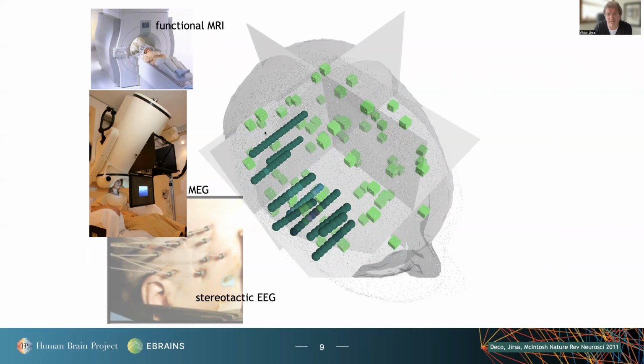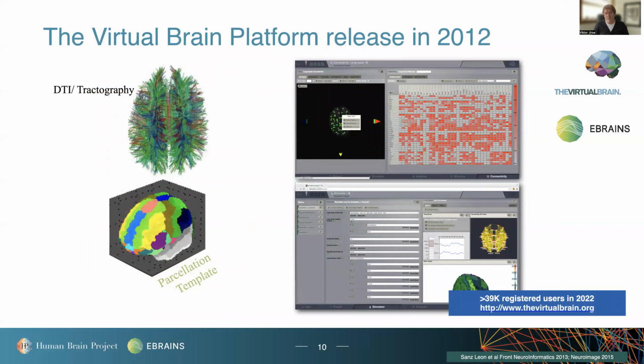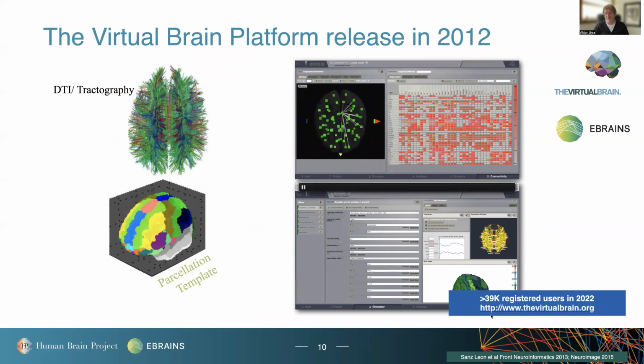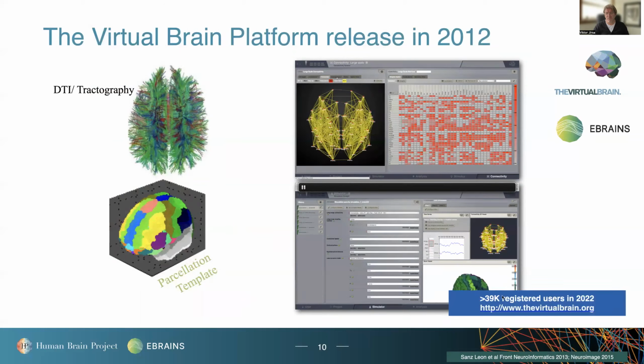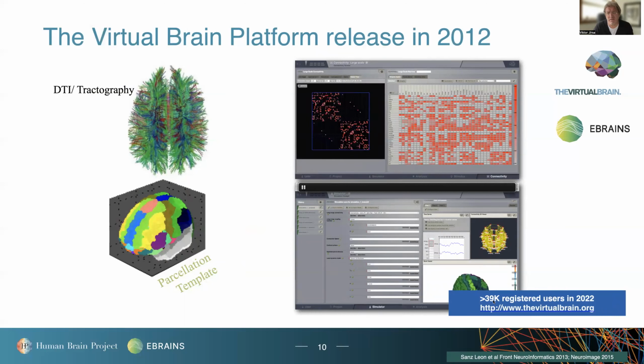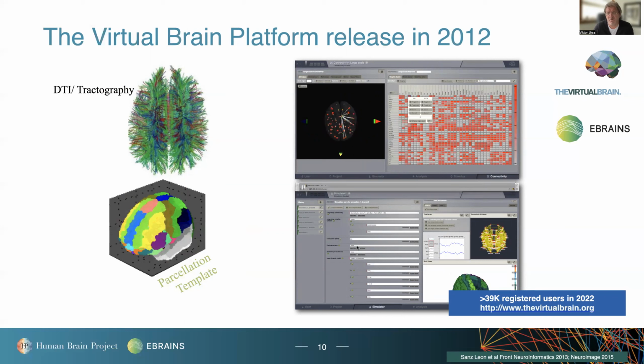Here, I just want to point out that the virtual brain platform is available under this website here. We have pretty close to 40,000 users today, and it has a graphical user interface. It's open source, it runs on Python, and you can essentially define the neural mass models here.